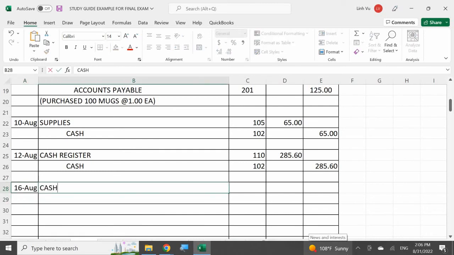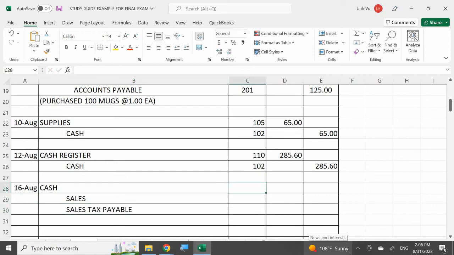We received cash. We sold. And we charged sales tax.